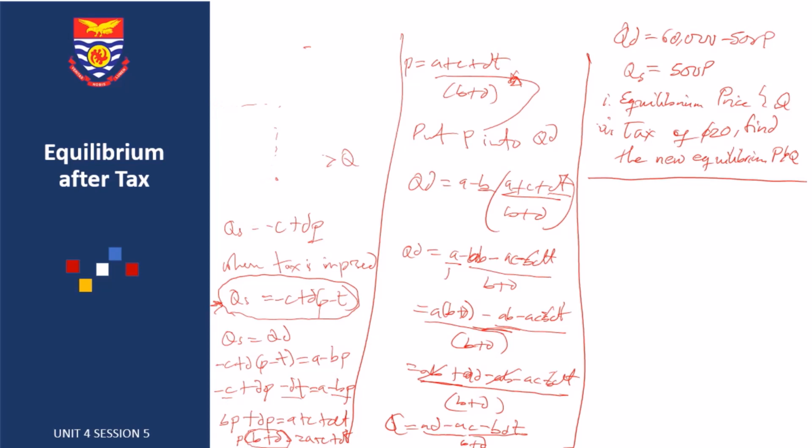But you can start solving so that when I also solve, you will just compare your answer to my answers. We know that at equilibrium, our quantity demanded should be equal to our quantity supply. So we can use that to solve and find out what we are going to get.